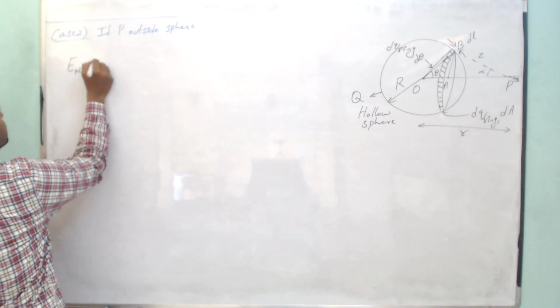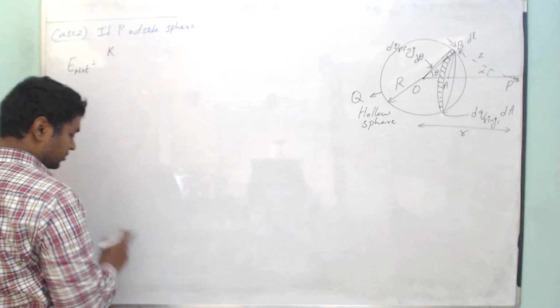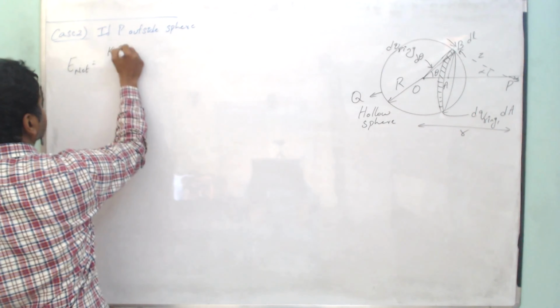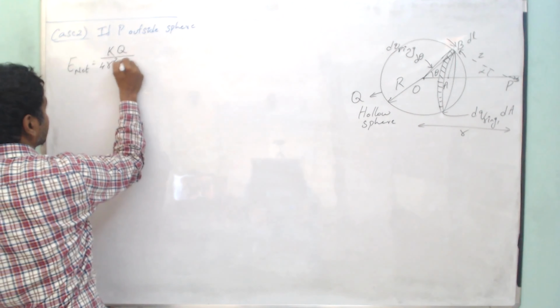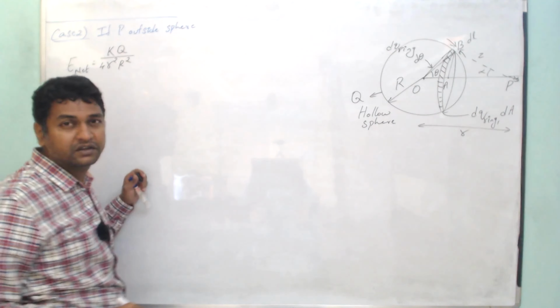E net is equal to KQ by 4 r square, am I right?